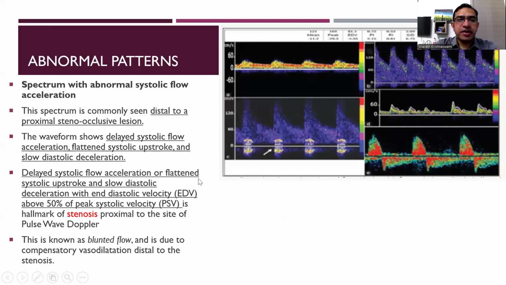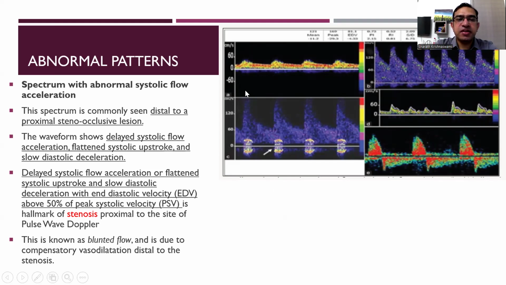Coming to abnormal flow patterns, you will find the spectrum of abnormal systolic flow acceleration. When a patient has a particular stenotic lesion, the patient might have a vasodilatation post the stenosis to allow increased blood flow to the region. So such patients will have a delayed systolic flow acceleration, flattened systolic upstroke, and slow diastolic deceleration.